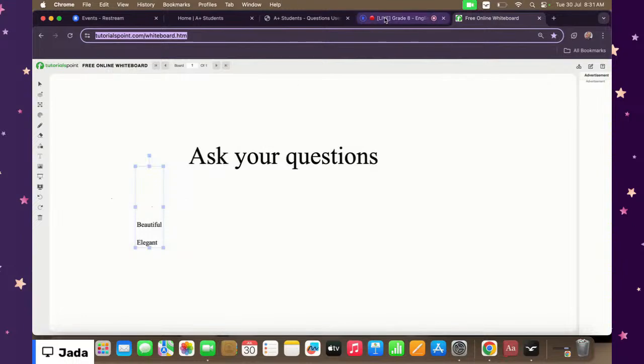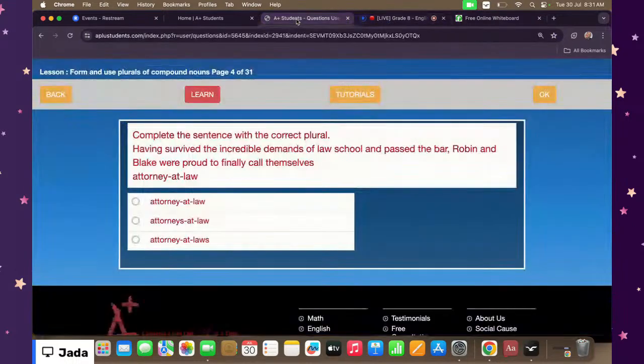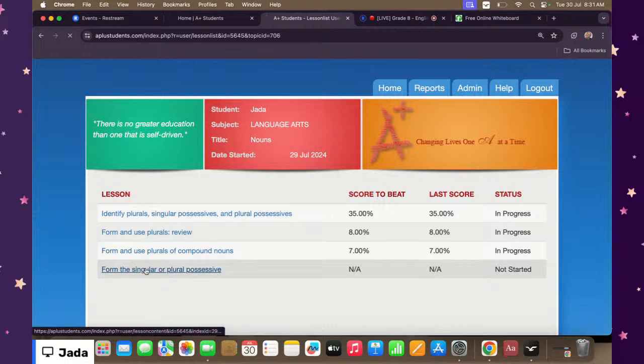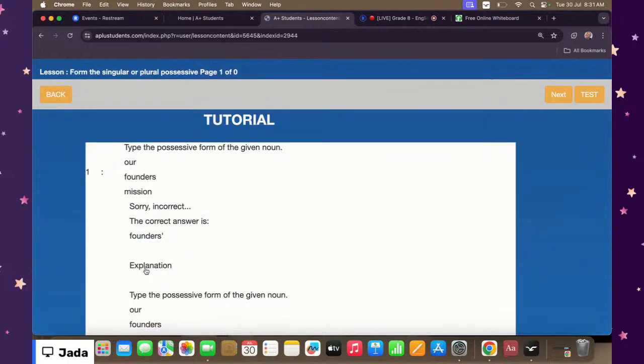All right, so no questions. We will move on to the last lesson. This one is on forming the singular or plural possessive.